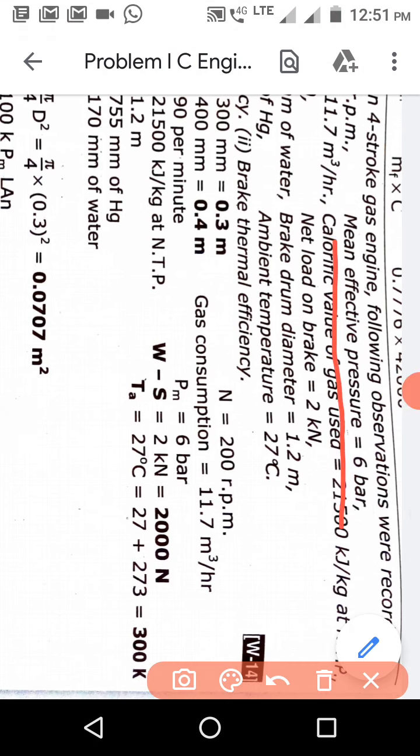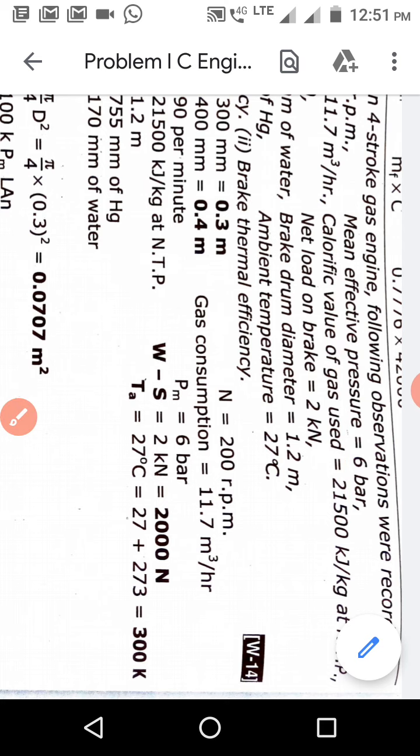We will calculate the indicated power first, then the brake power, and with the help of indicated power and brake power we will calculate the mechanical efficiency. Mean effective pressure is given as 6 bar.